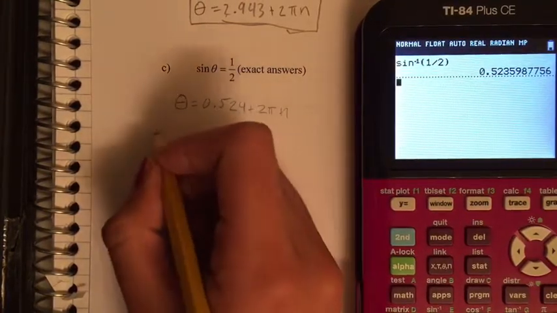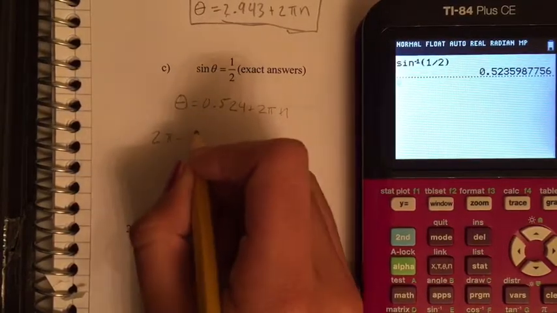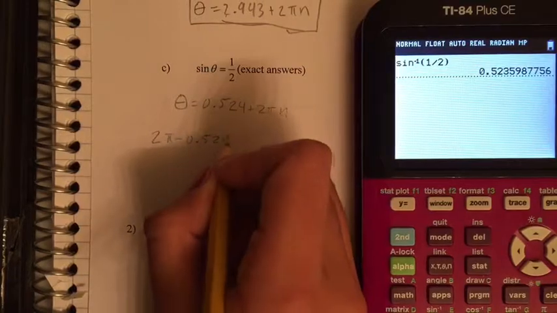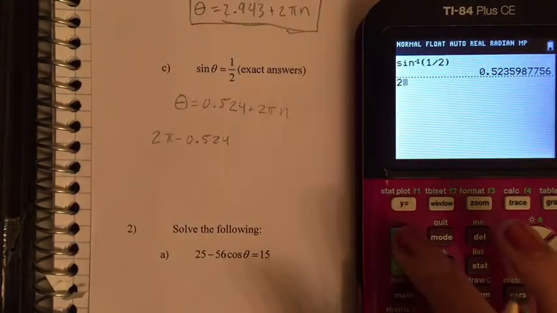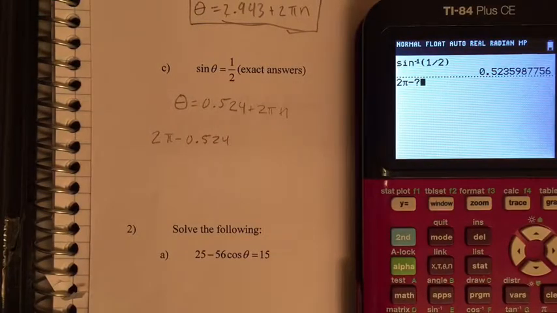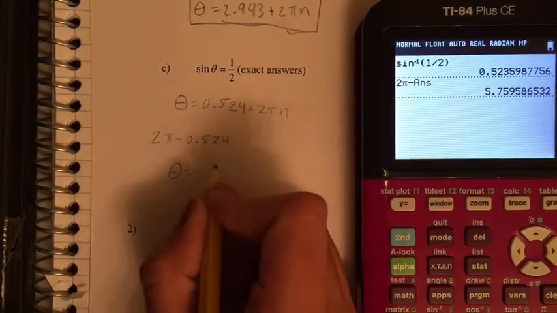And you're also still going to want to subtract this original answer from 2 pi to get a second answer.